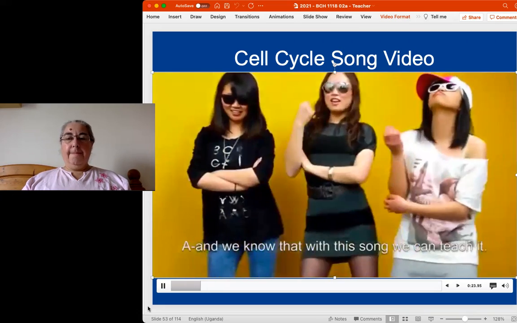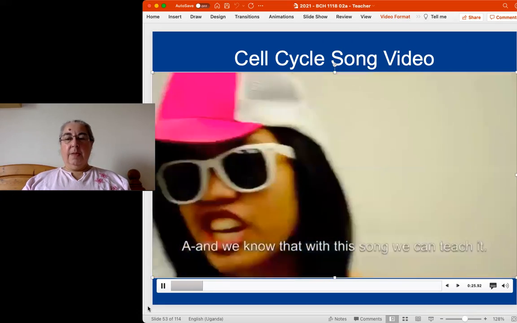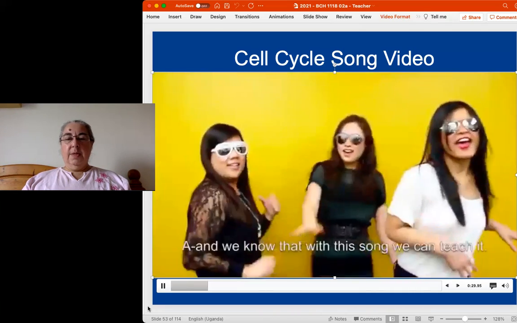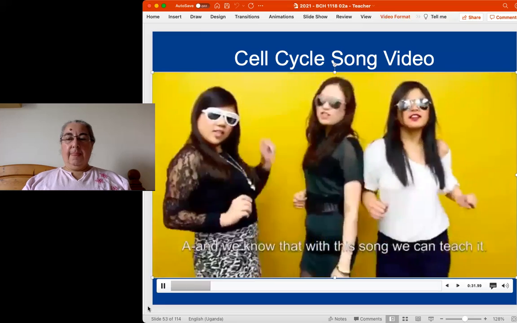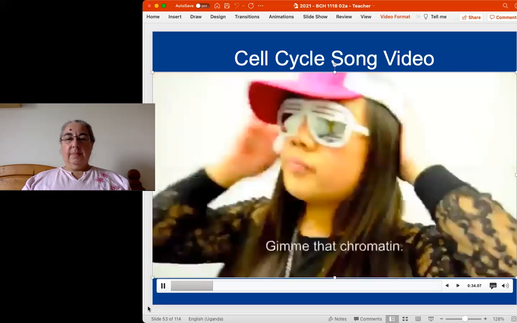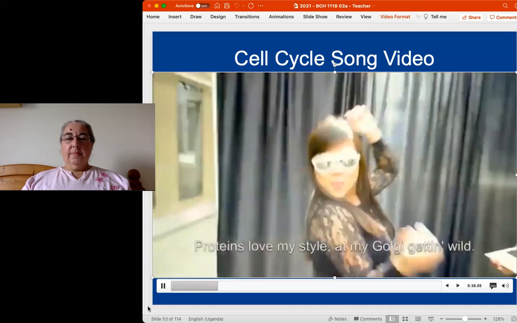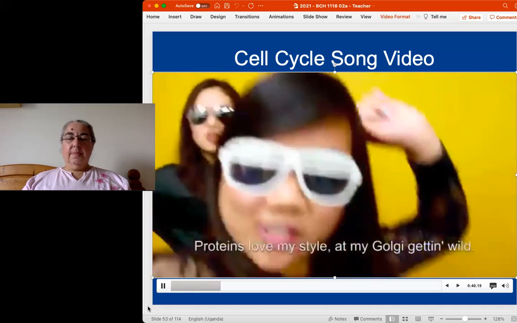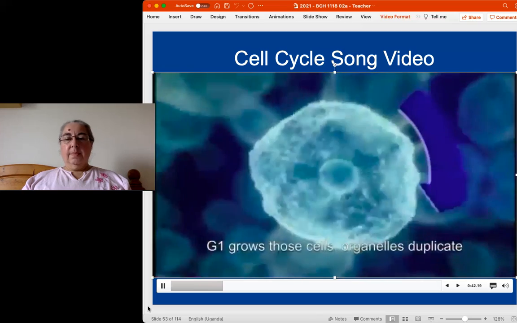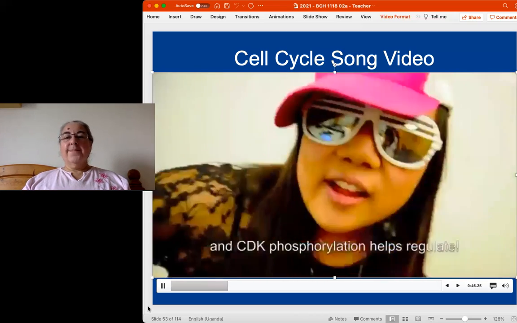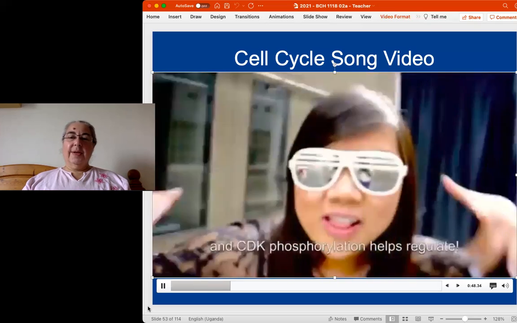G1, S phase, G2, M. Give me that chromatin, give me that growth factor. G1 grows those cells, organelles duplicate, and CDK phosphorylation helps regulate.